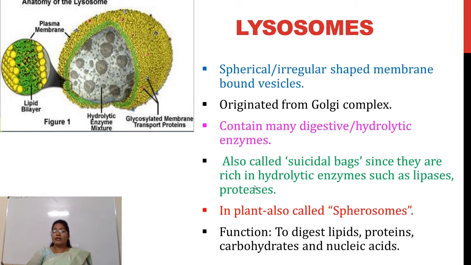When lysosomes are present in plants, they are also called spherosomes. The function of lysosomes is to digest lipids, proteins, carbohydrates and nucleic acids, as they contain digestive enzymes. So the function is digestion.